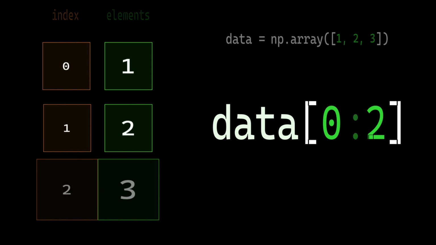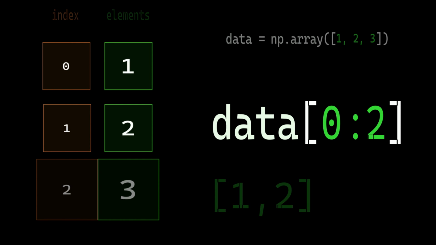We can use a colon to separate the start and end indices of the slice. 0:2 is a slicing notation. It specifies a range of indices we want to extract from the array.